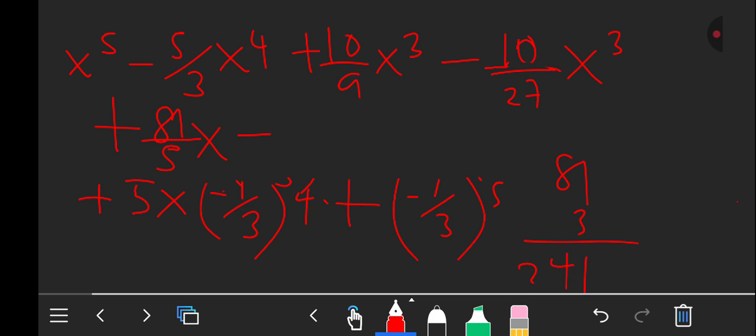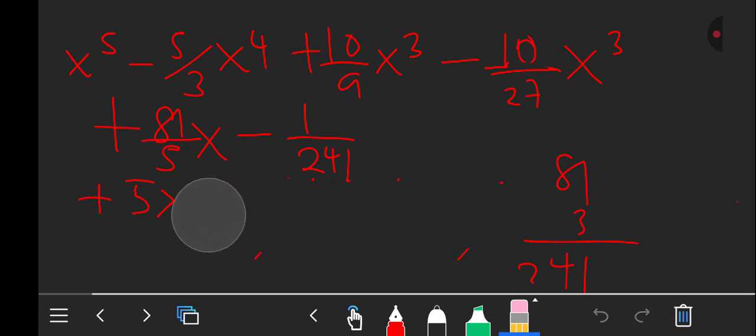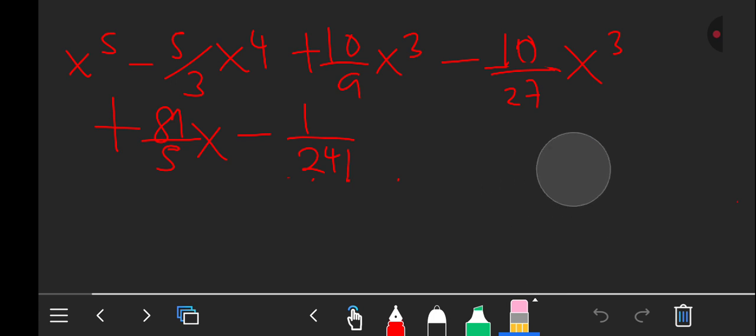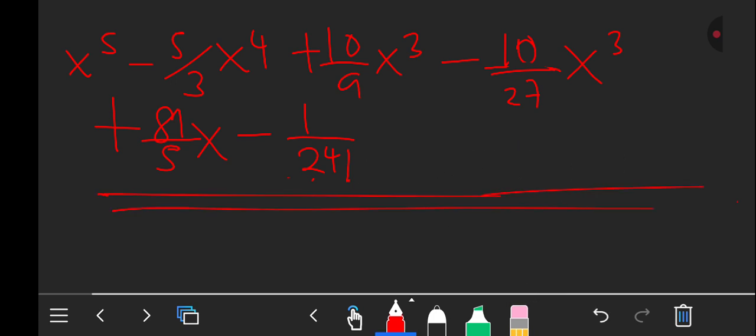So it will be, and negative 1 raised to the power 5 is a negative value, so you're going to say 1 over 243, negative. Okay, so that is the value which you tend to get. So this is how you can expand, and in an exam this question is given 4 marks.